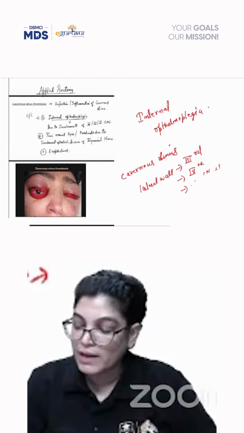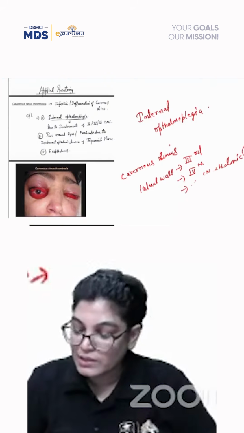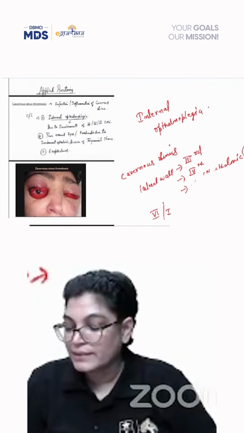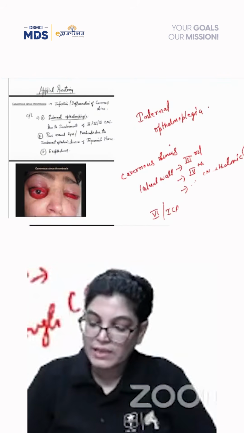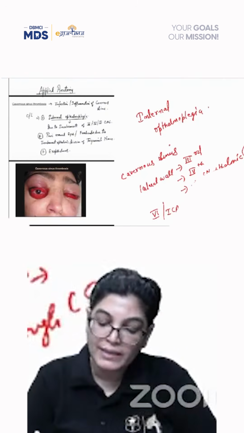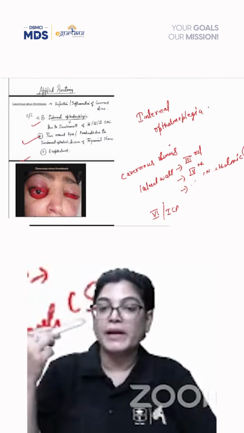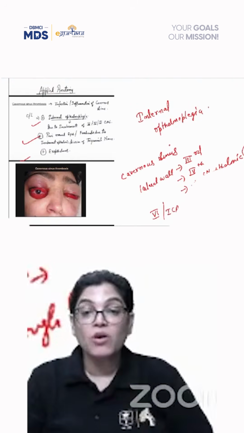The ophthalmic nerve. And we have the sixth cranial nerve and the internal carotid artery, which passes through the cavernous sinus. So in cavernous sinus thrombosis, why is there ophthalmoplegia, and why is there pain around the eye? Because of the involvement of the ophthalmic nerve, which causes pain.